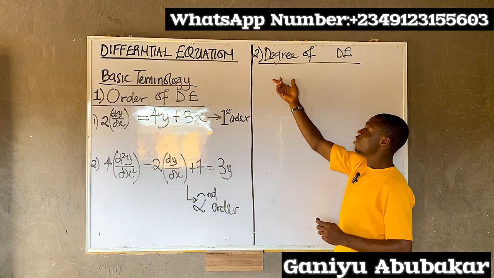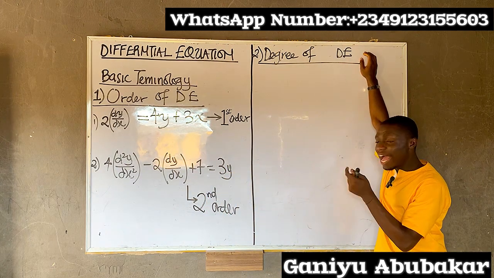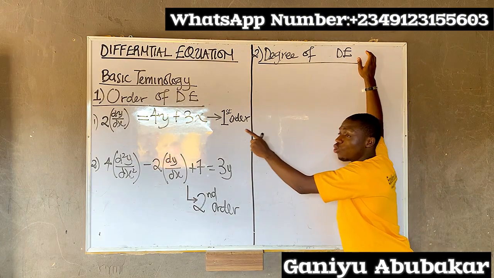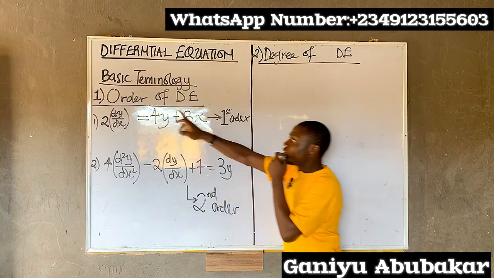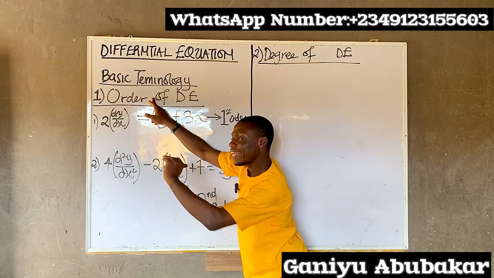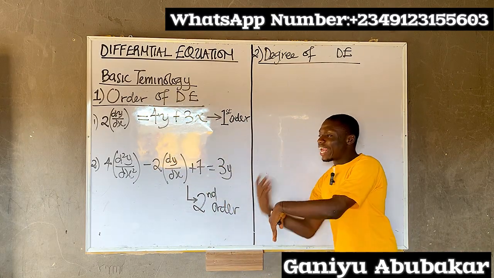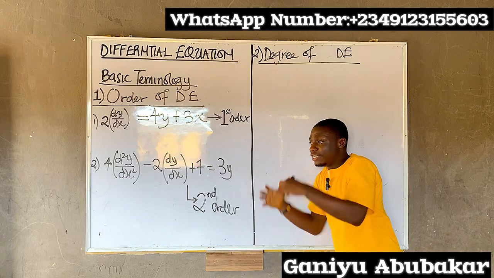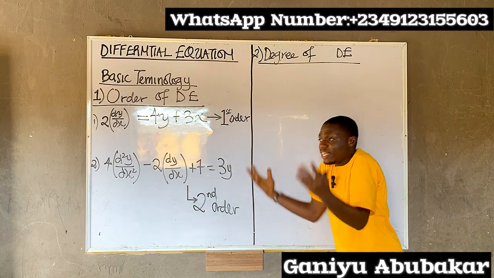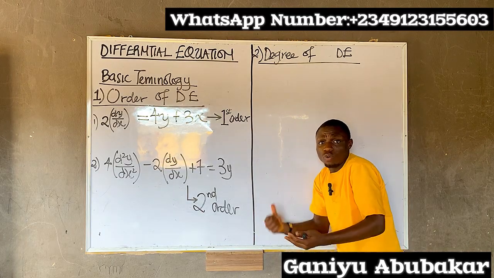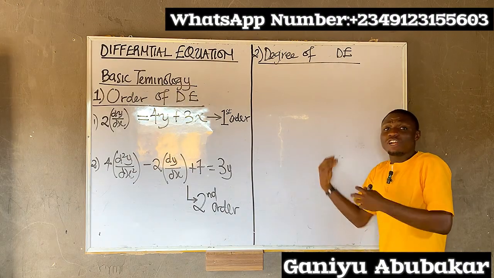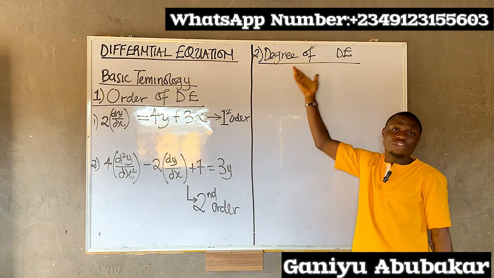For the degree of a differential equation, the idea builds on your order. Order gives you the highest differential coefficient. So for that highest differential coefficient, the power or the degree or the index gives you the value of the degree of the differential equation.